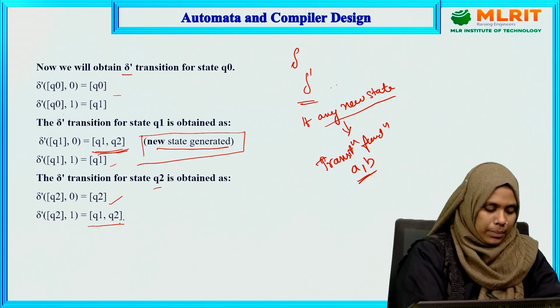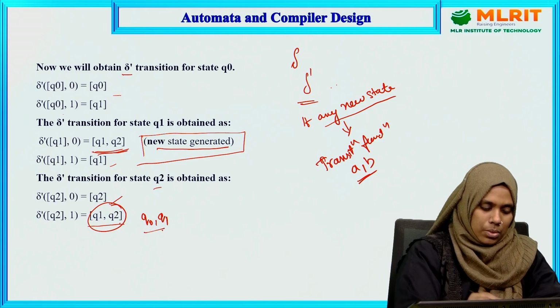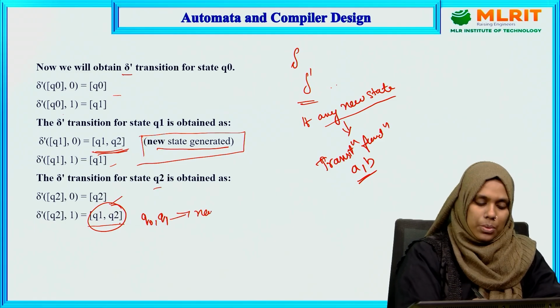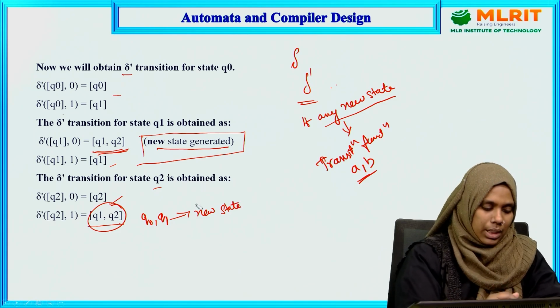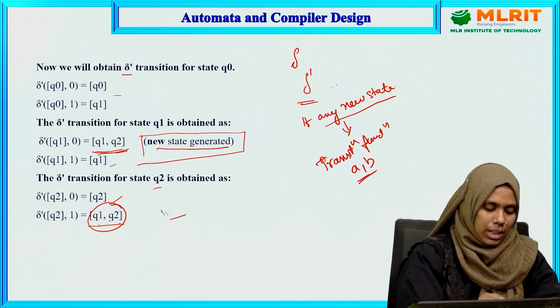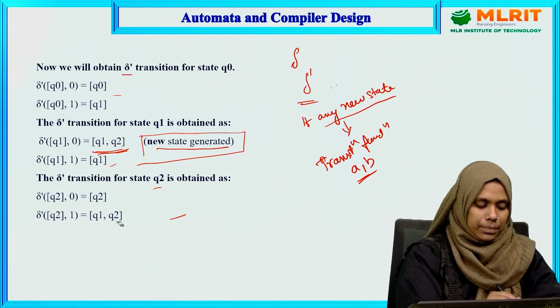For example, if instead of Q1, Q2 we got Q0, Q1, this would also be a new state. But Q1, Q2 we already got here, so that's why we are not mentioning any new state here.